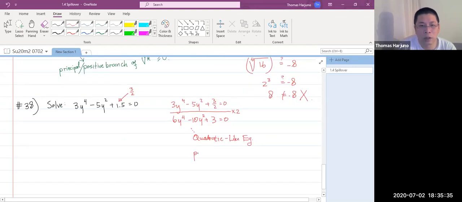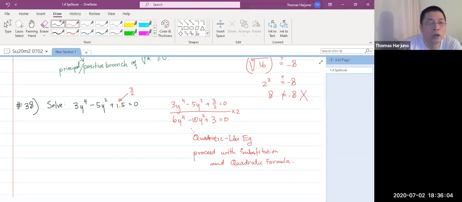Proceed with substitution and quadratic formula. Now you can try to do it that way.